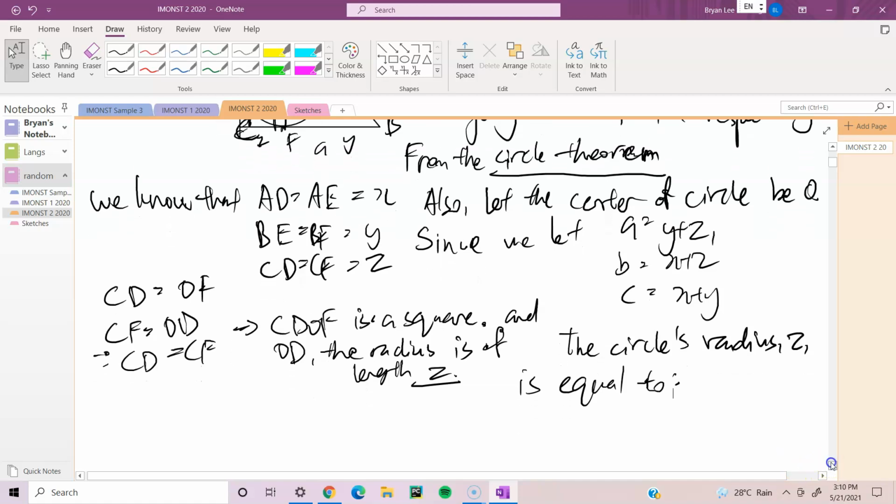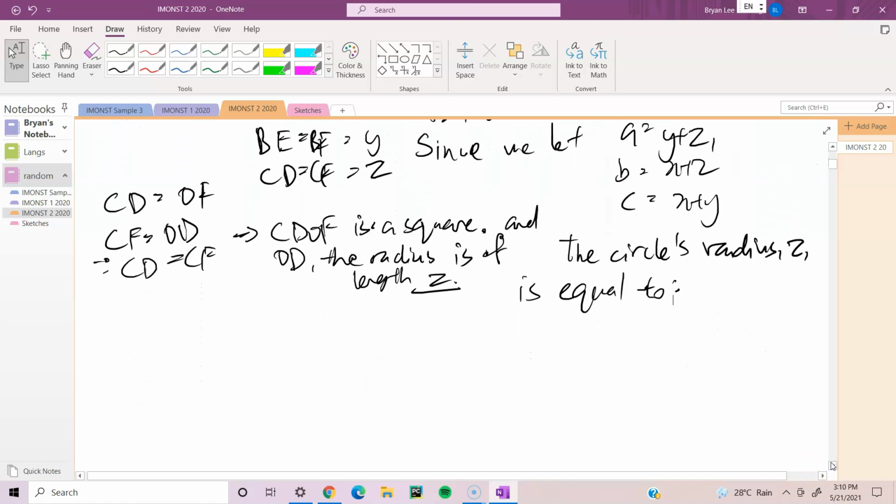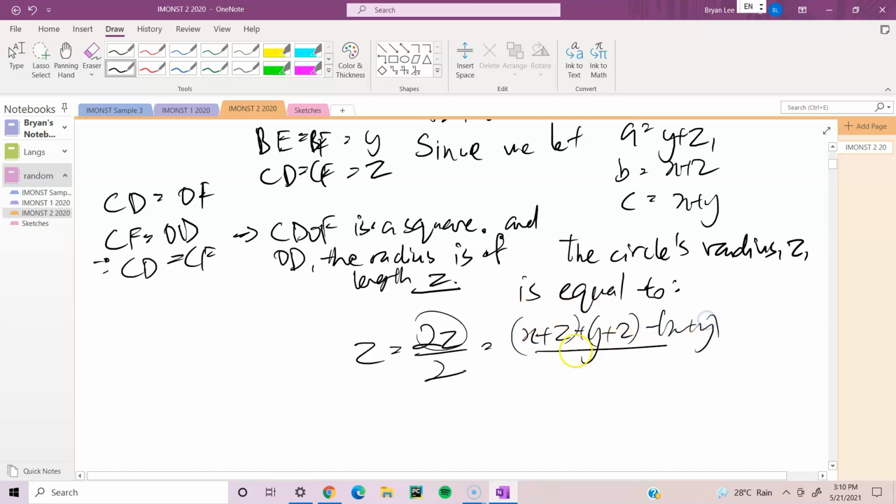I know it's not in a very paragraph-like form, but I'm trying my best. Okay, the circle's radius z is equal to 2z over 2. Now, how do we get a 2z? We could get x plus z plus y plus z minus x plus y, divided by 2.